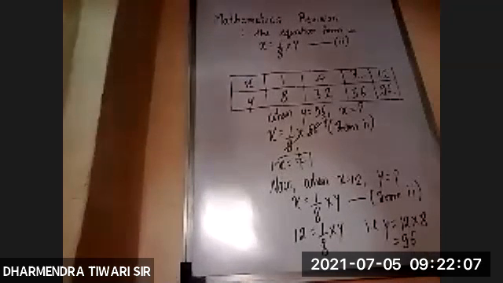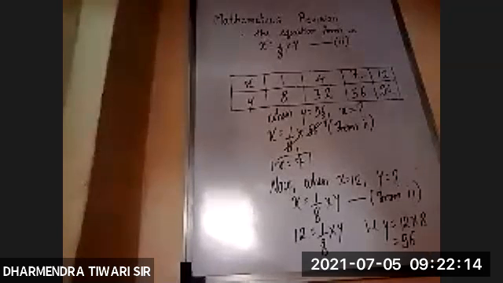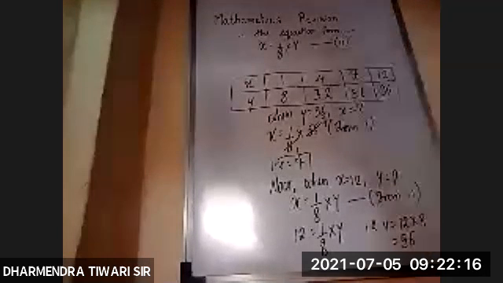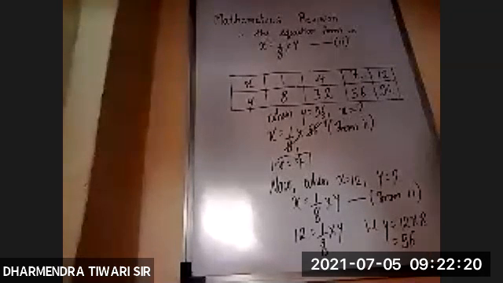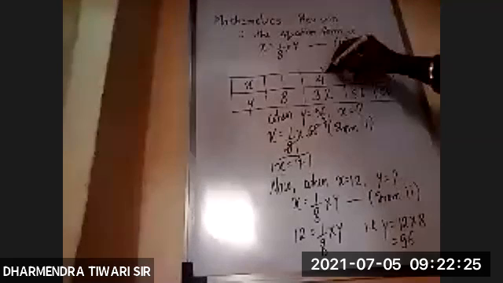So our observation from this problem is that whenever both the values of the variables are given, it will help us to calculate the value of the constant of variation. Even from this, we can get k.